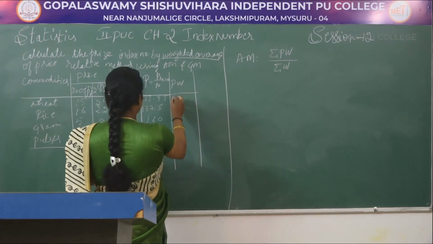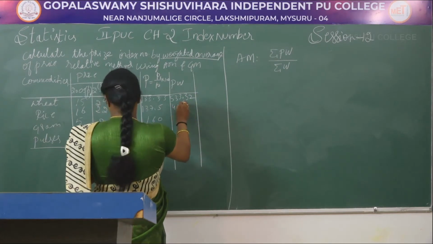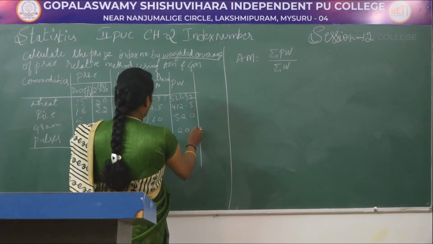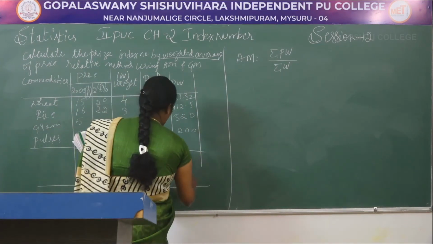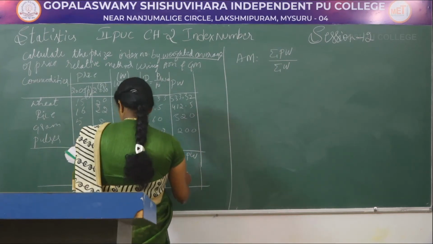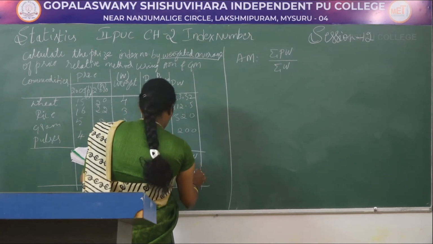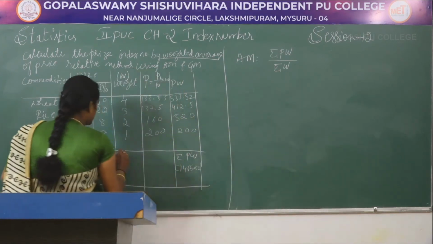P into W is 533.32, 412.5, 320, 200, and take the summation of this. Summation of P into W is equal to 1465.82.